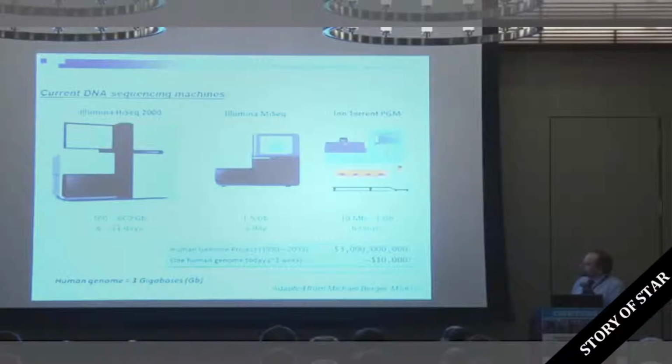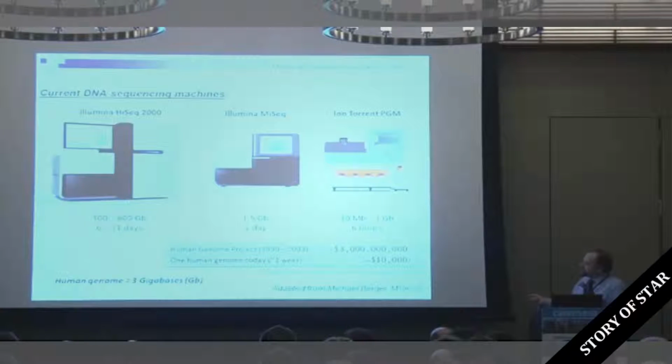There are these very powerful new sequencers called next generation sequencers that can basically sequence a human genome in several days to hours. And again, that gives you an idea of how the costs have come down.